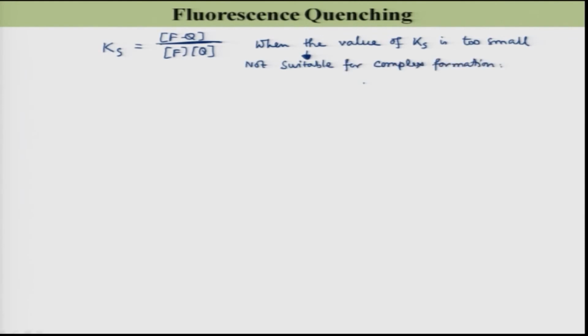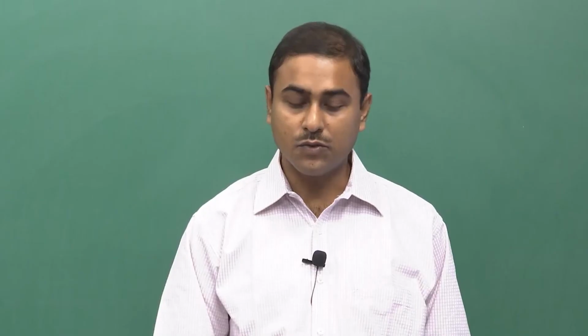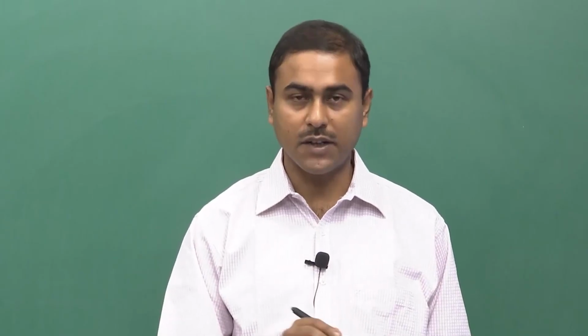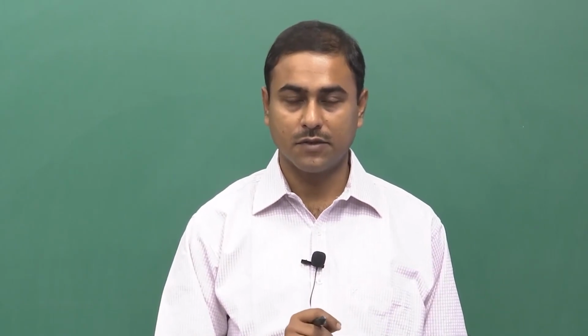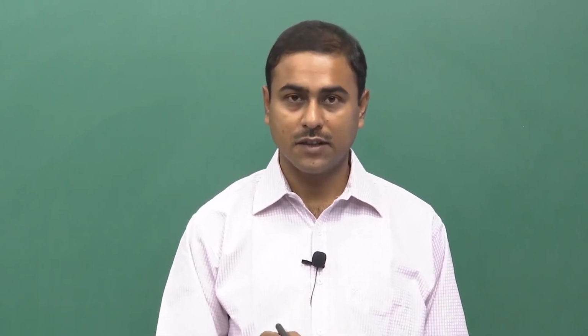So, obviously people started thinking about the source of such a small value of Ks. What we have seen here is that the value of Ks is really small, and this is not suitable for complex formation. To explain this phenomenon, people have tried to describe the situation in a different way.